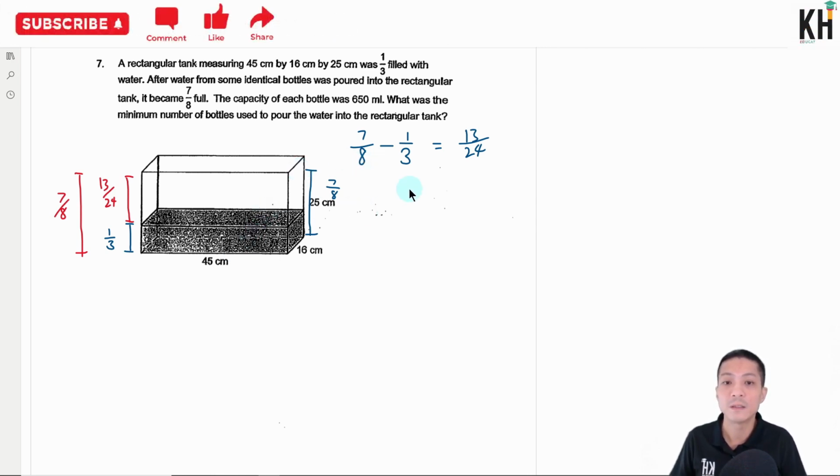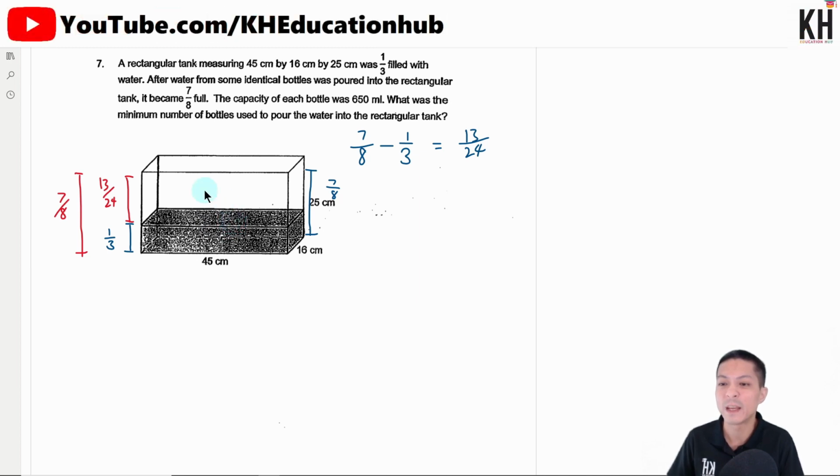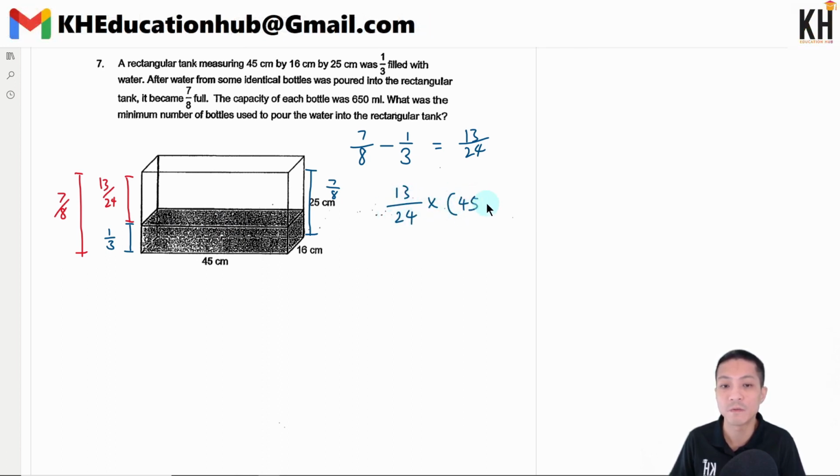Okay, then the next step that you can do, you can find the volume of the tank and then times 13/24. Okay, so 13/24 times the volume of the tank, which is 45 times 16 times 25.